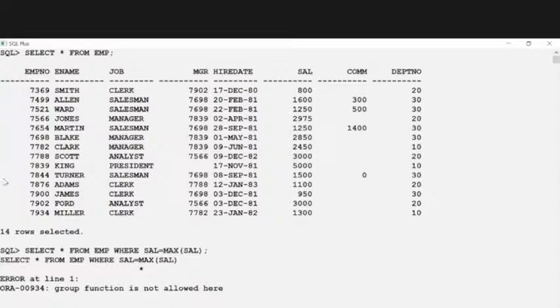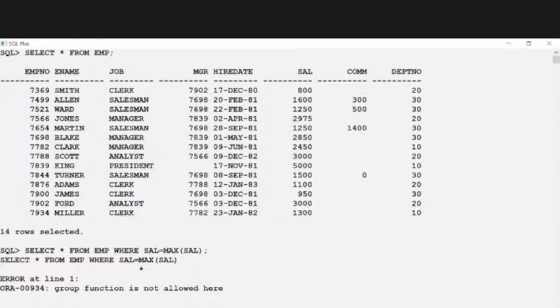Try it, no problem. Select star from EMP. Up to here, I know. What I wanted is senior employee details.